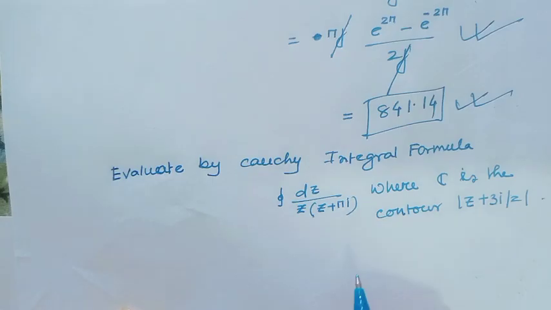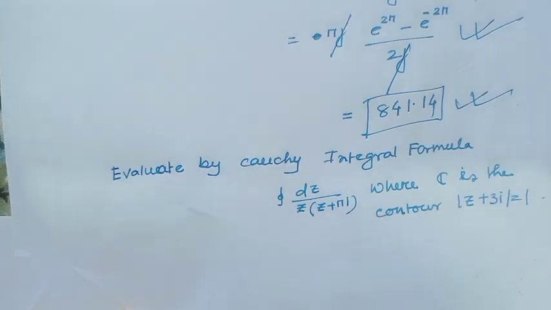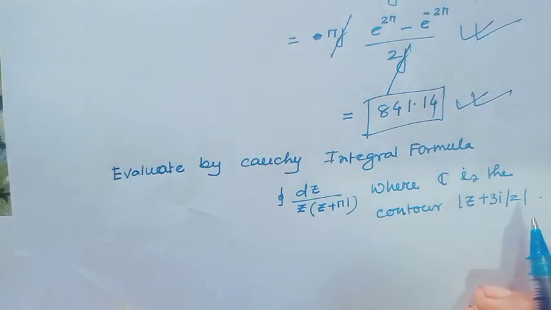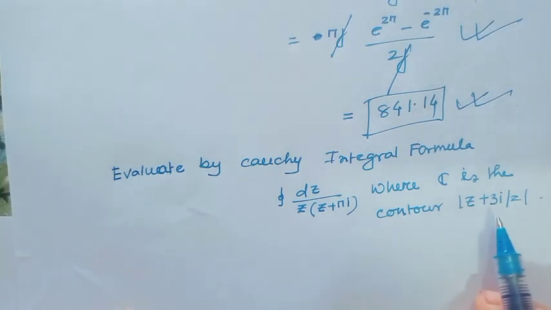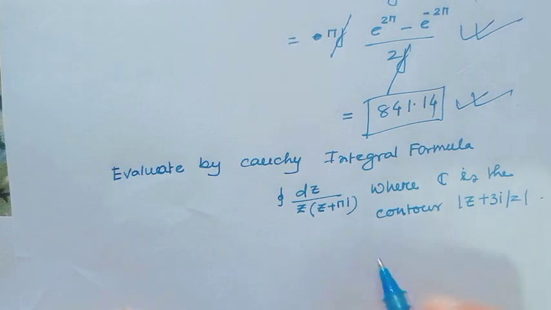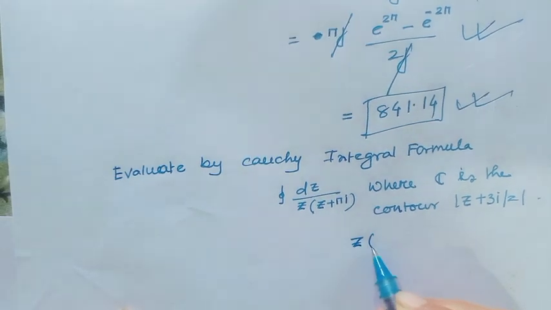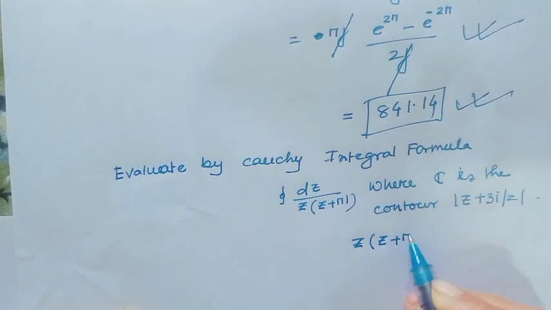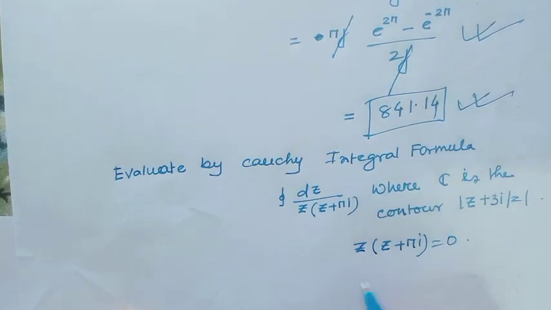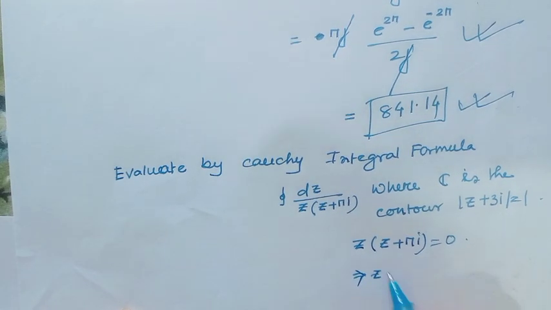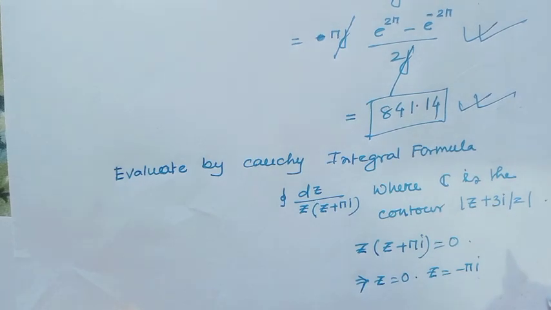Next example, evaluate the Cauchy integral formula dz over z times z plus pi i, where C is the contour, absolute value of z plus 3i equals 1. Here z times z plus pi i equals 0, that means z equals 0 and z equals minus pi i.